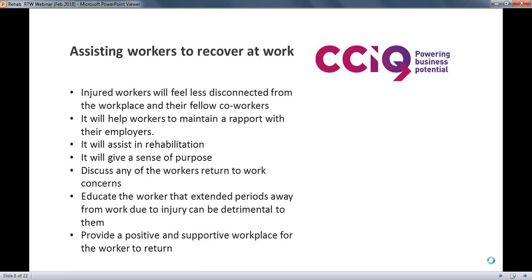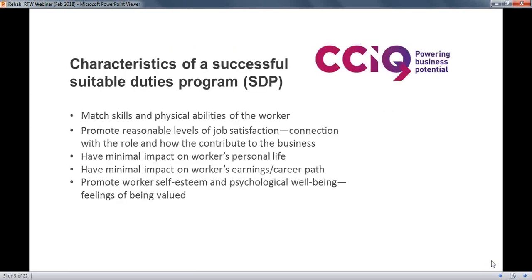Now, we'll just move to the part of the presentation on suitable duties programs, STPs, as you probably hear a lot. So really, the outcome of a good suitable duties program is essentially work hardening improvement, both physical and psychological.